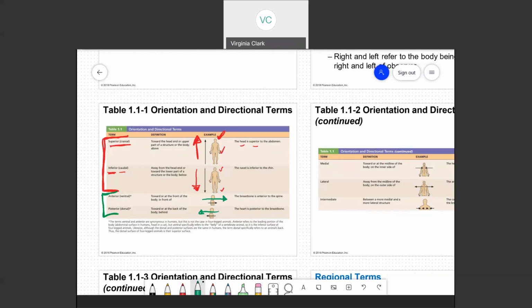Another way to think about this, anterior is going to be belly side. Posterior or dorsal is going to be back side. So your nose is anterior to the back of your head. So it's more on the front side.